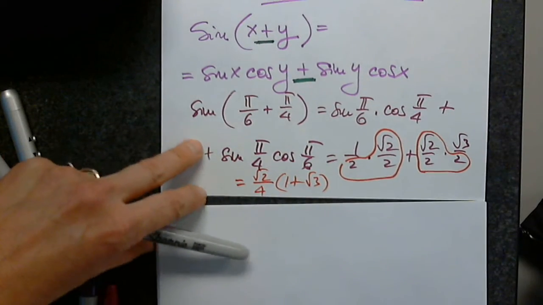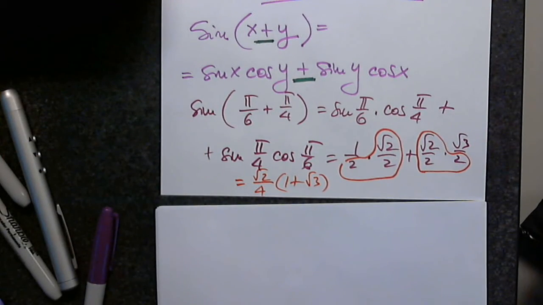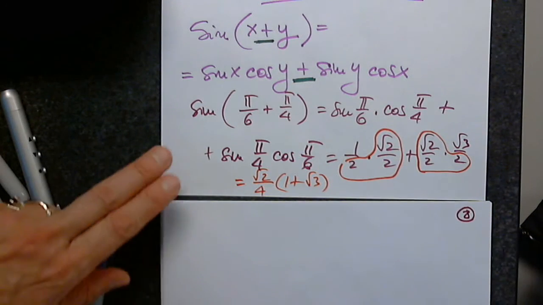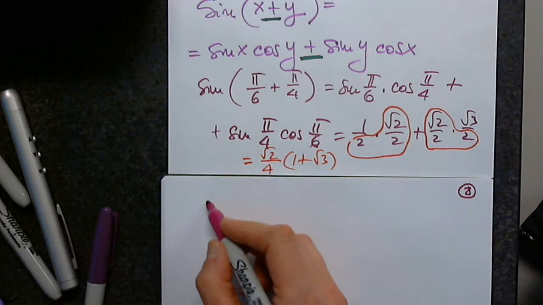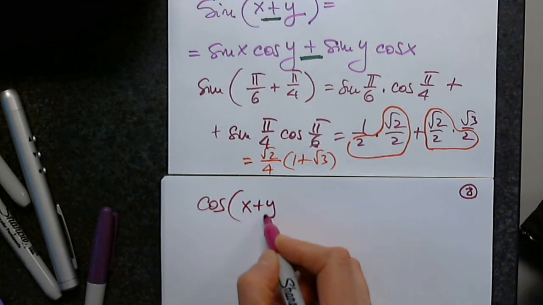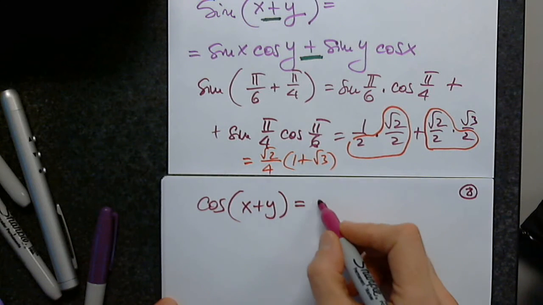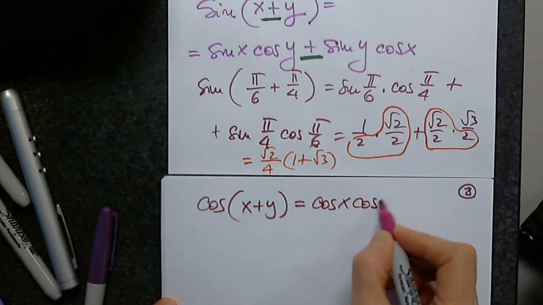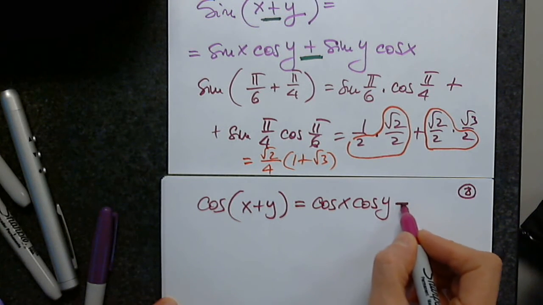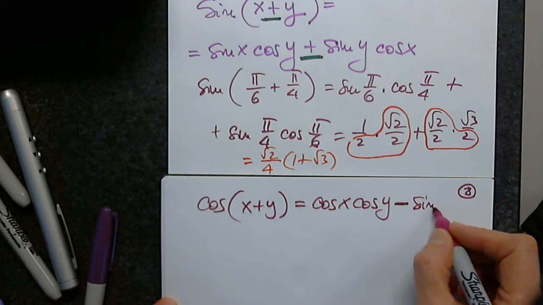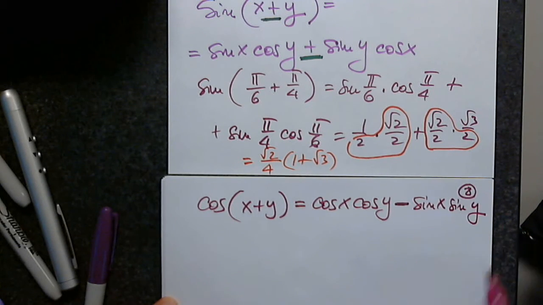Now let's talk about cosine. We have a formula for cosine of a sum of angles and cosine of a difference of angles. So cosine in parentheses x plus y, this is not the same. Here it is. Cosine x cosine y minus sine x sine y.